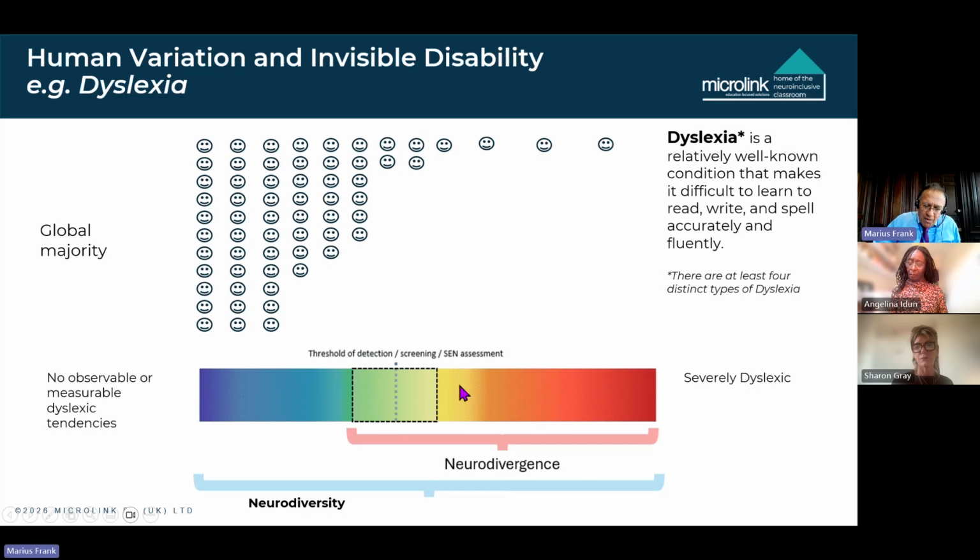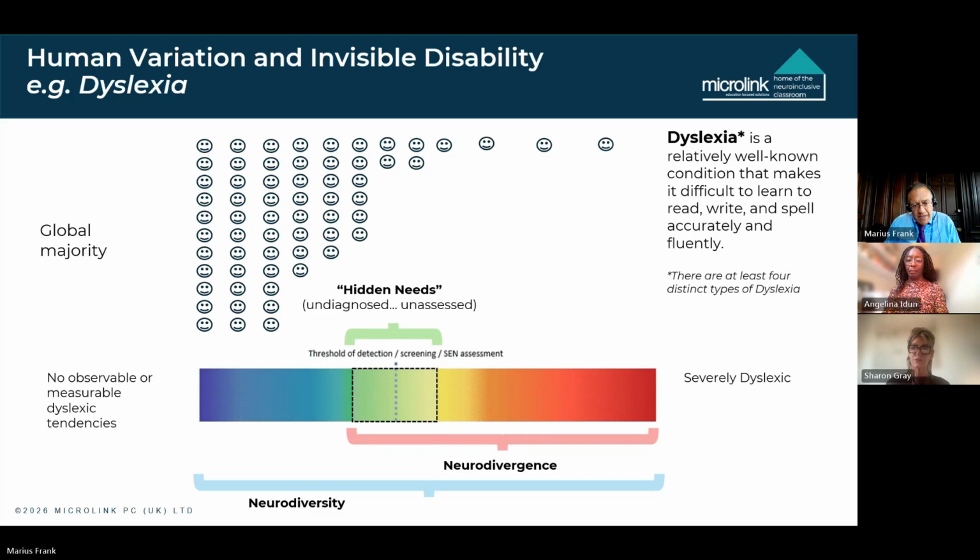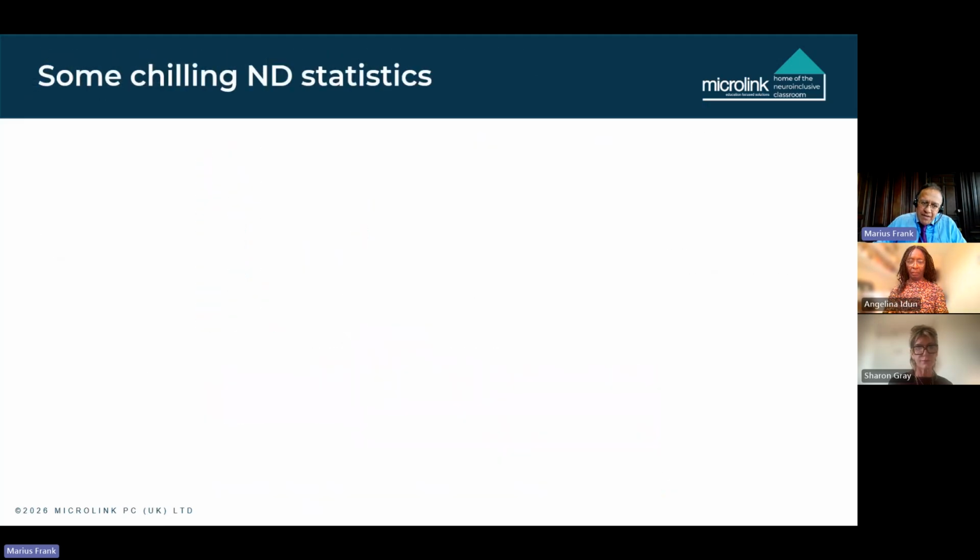But as you see, there's a box in the middle here, because there may well be children and adults in your classes, in your schools, who have been undiagnosed and unassessed. And we call that hidden needs. I hope that explains what we understand as neurodiversity, neurodivergent, and hidden needs.